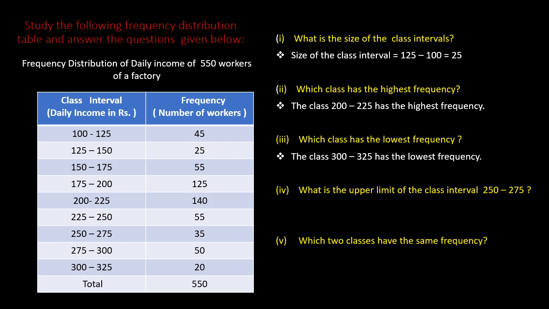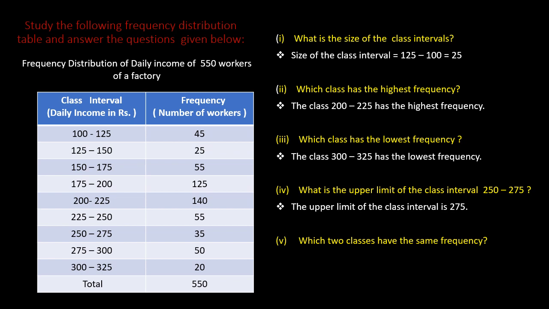Number 4. What is the upper limit of the class interval 250 to 275? So children, here 250 to 275: this is the lower class limit and this is the upper class limit. So the upper class limit is 275. Number 5. Which two classes have the same frequency?